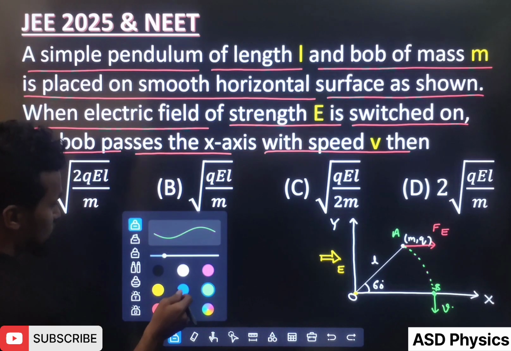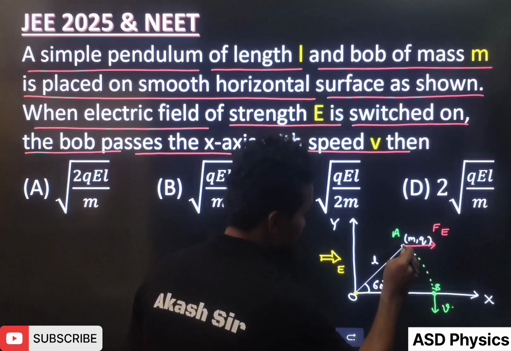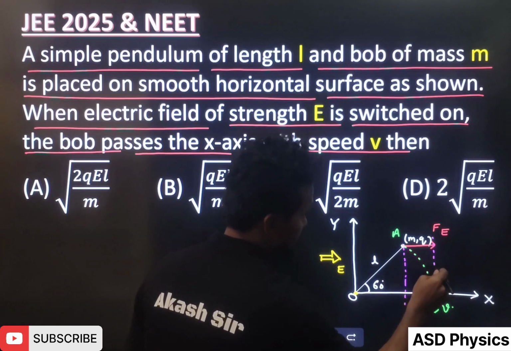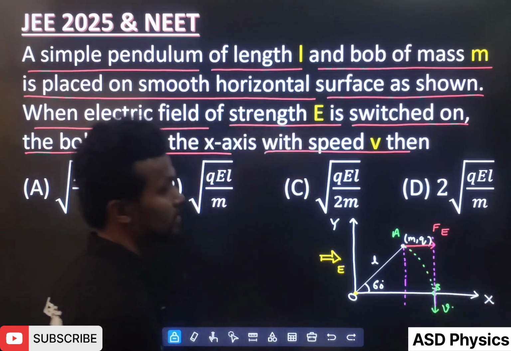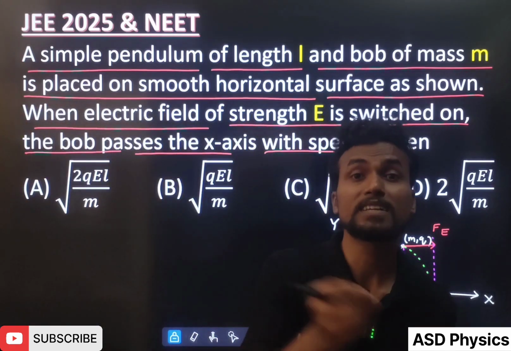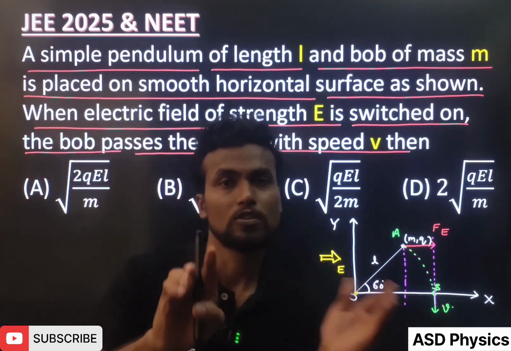Here I have taken this dotted line. Can you see it very well? In this kind of question, it can be solved by the work energy theorem, that is the work kinetic energy theorem, or by conservation of energy also.